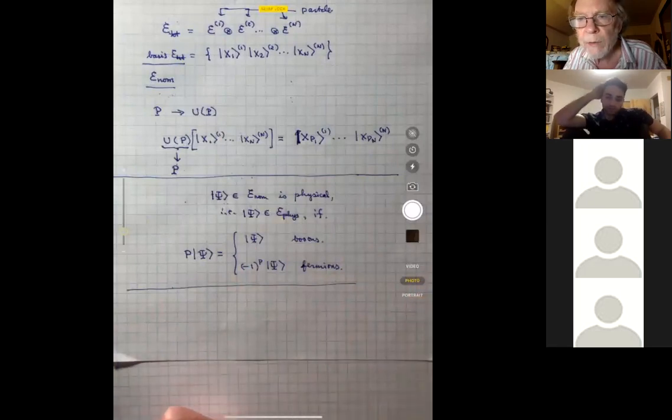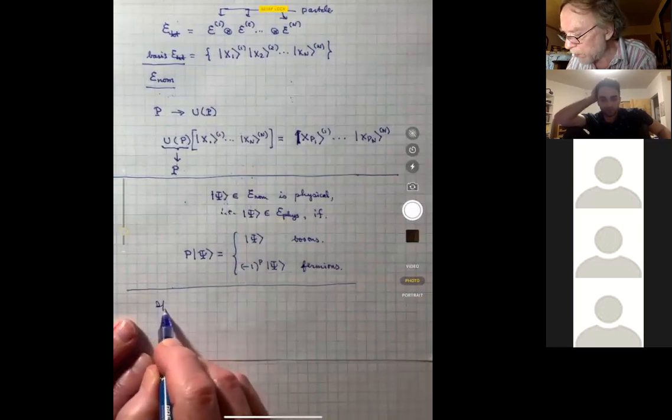I also pointed out that we have the concept of physical and non-physical operators. A physical operator is one that doesn't map you out of the physical subspace. That will be the case if it commutes with all exchanges. But if it commutes with all exchanges, it commutes with all permutations as well.